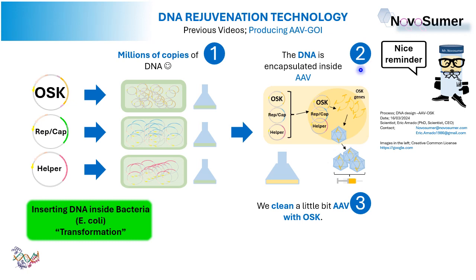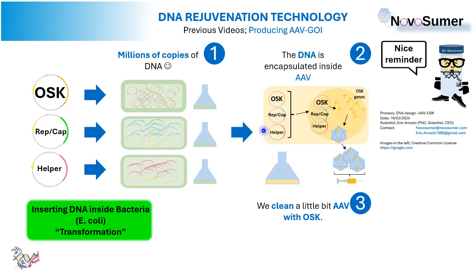Let's see it. In the second step, the three DNAs are inserted in the second type of cells, the mammalian cells, remember. And each cell requires copies of the three DNAs.